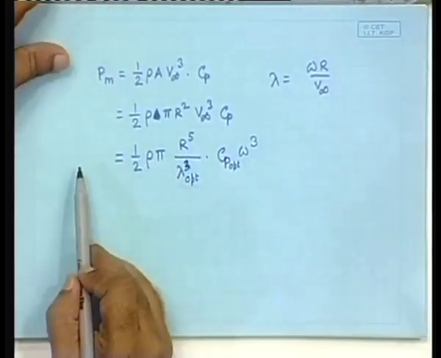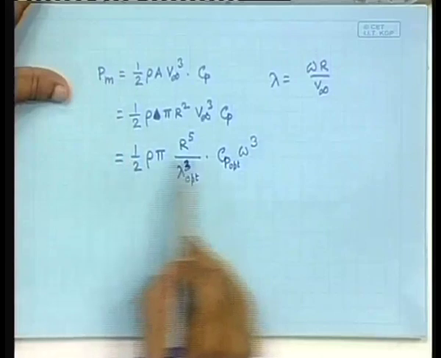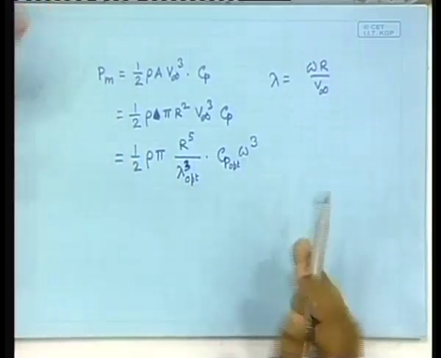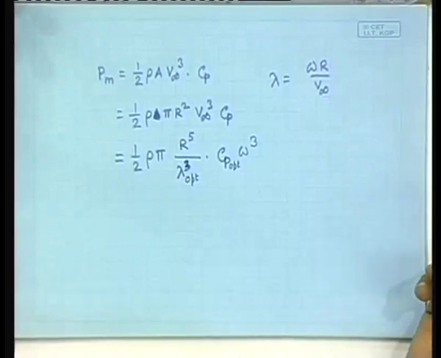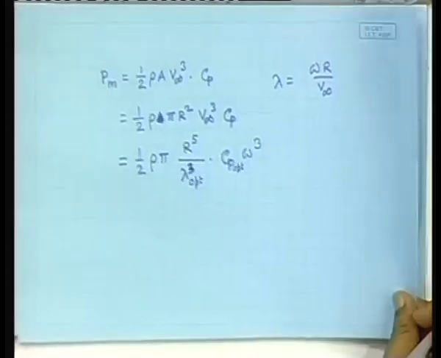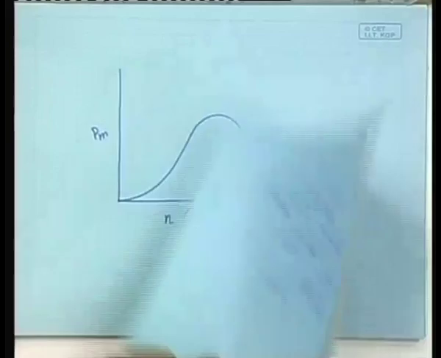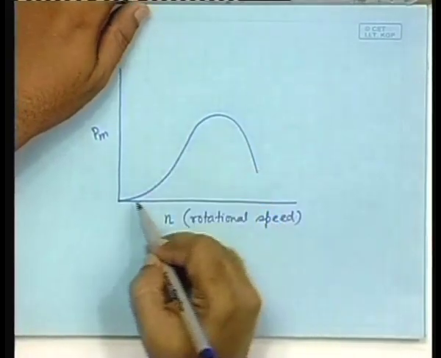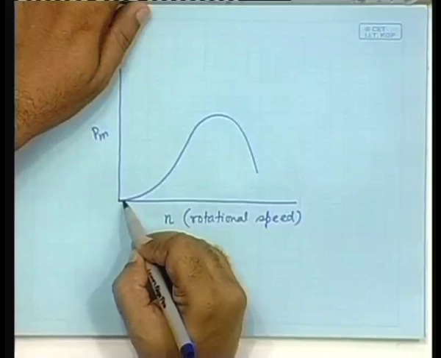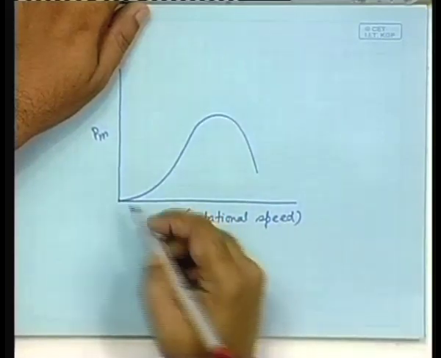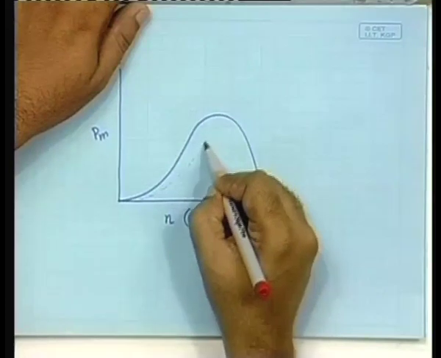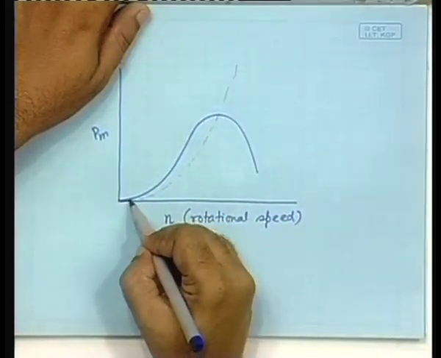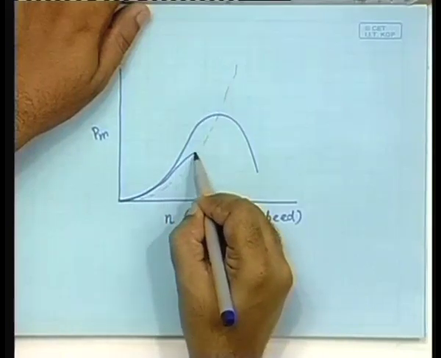Then what is the relationship between the Pm and the speed of rotation? It should be cubically proportional, right? How should this character manifest itself? For different values of wind speed, let me draw the cubic characteristics. For different values of wind speed, you will have the characteristic going like this.